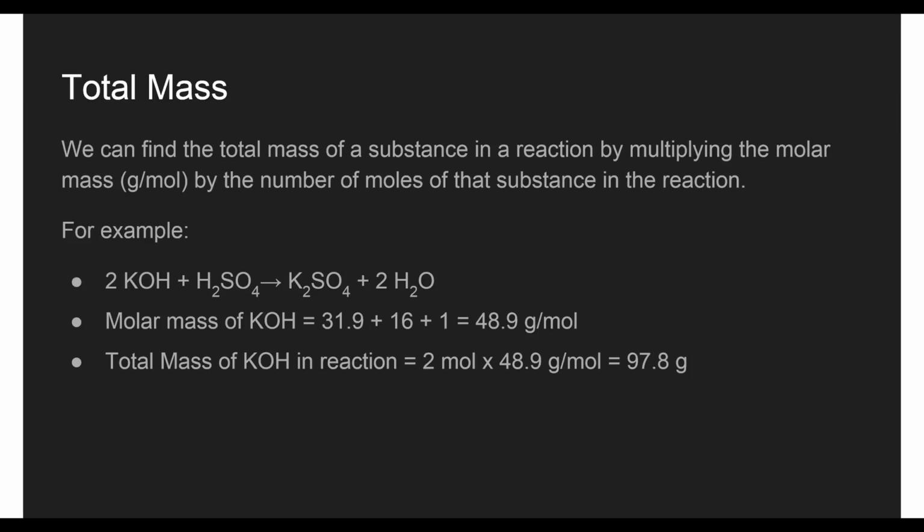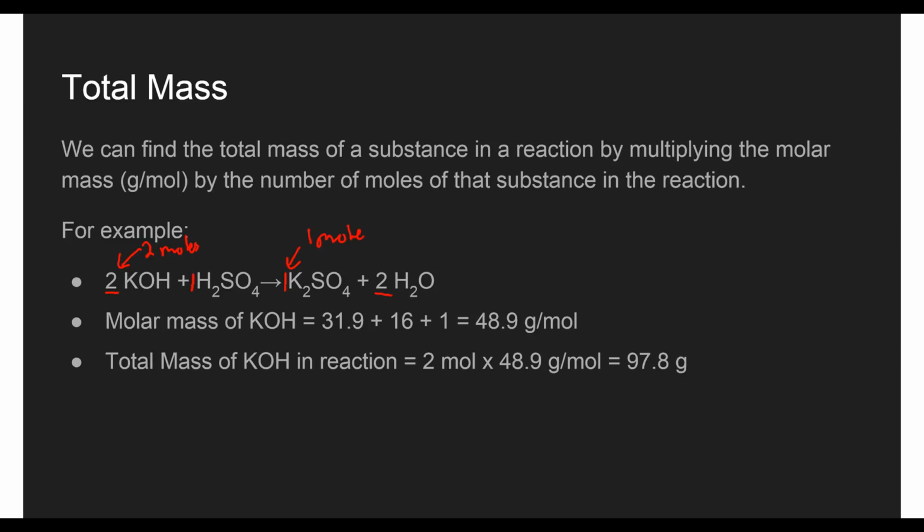Remember, the number of moles in a reaction is represented by the coefficient. If we don't have a number, we assume it's 1, and here we have 2. So in this case that means 2 moles, and in this case that means 1 mole.